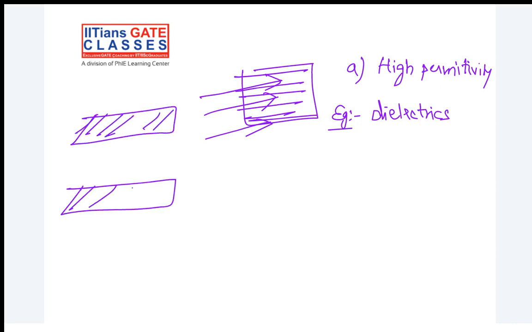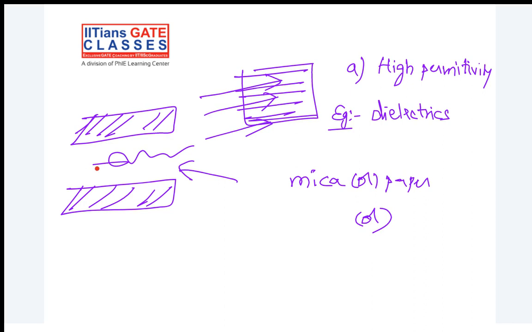Whatever dielectric they are using between the parallel plates is supposed to have a high value of permittivity, because in a parallel plate capacitor, the permittivity defines the value of the capacitance. If the permittivity is higher, your capacitance will be high. So examples of materials for high permittivity will be mica, paper, or ceramic.